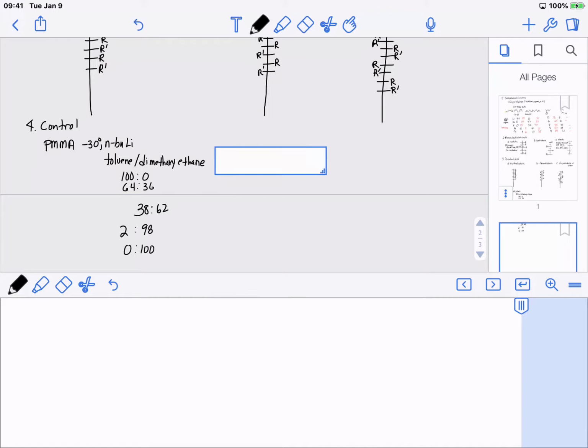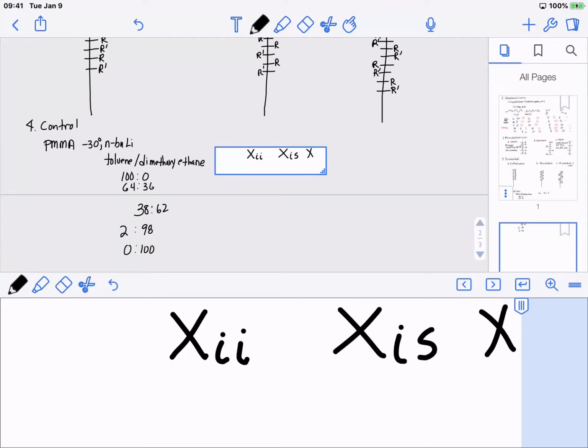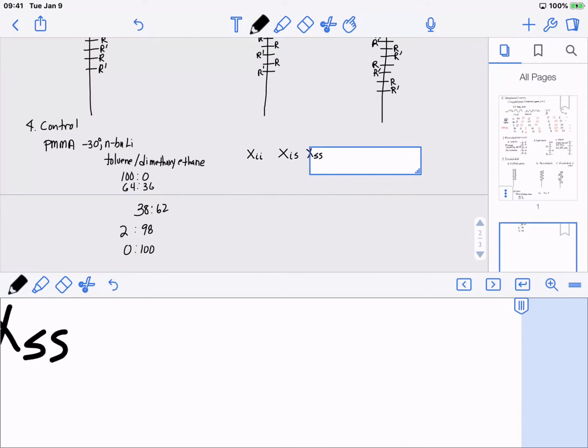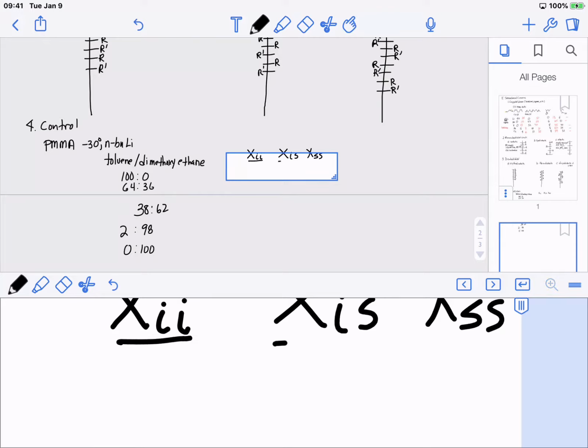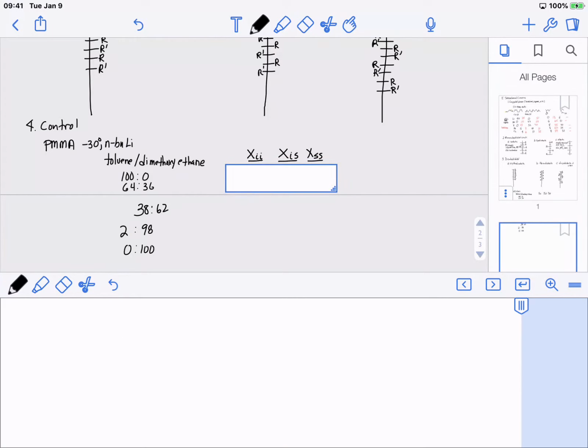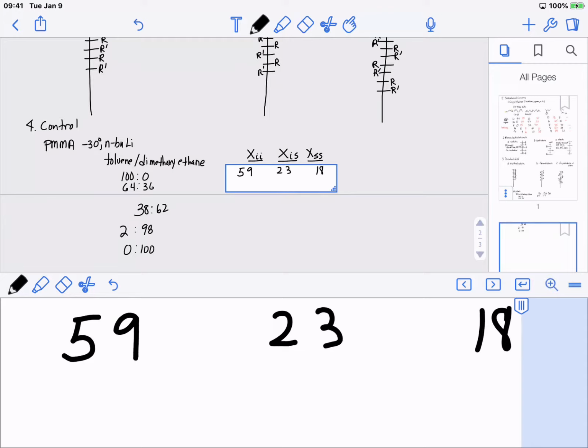And the parts that we're going to look at are the fraction of isotactic dyads, the fraction of heterotactic, actually these are triads, but that'll be later, and the fraction of syndiotactic. So, with 100% toluene: 59, 23, 18.